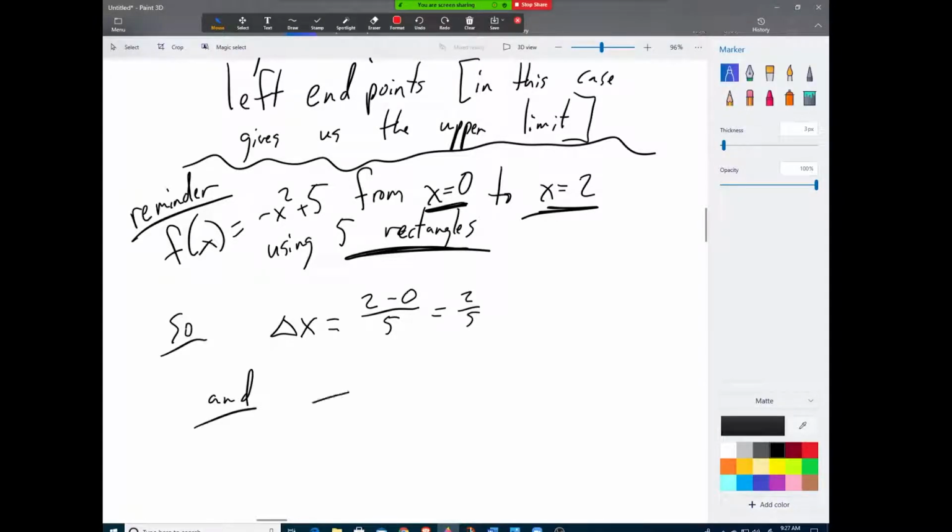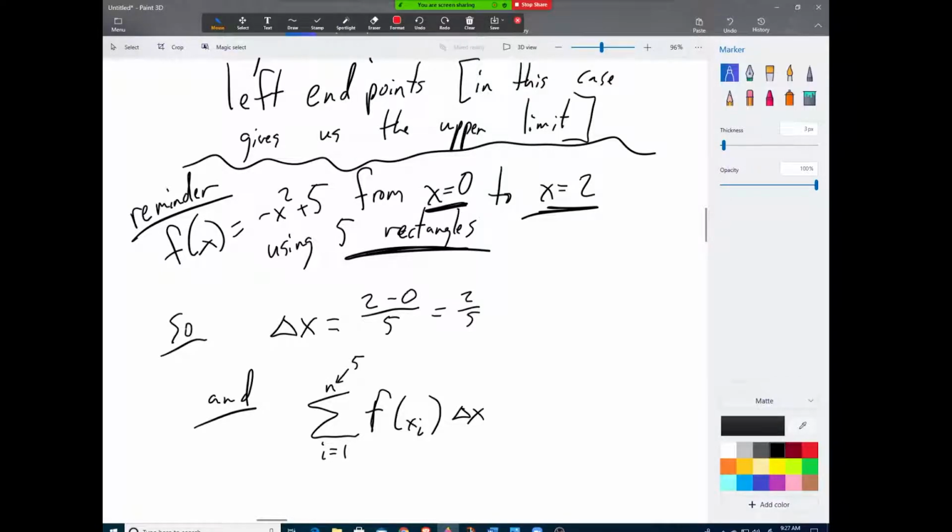And we're going to plug it still into the function f of xi delta x from i equals 1 until n, where here our n is going to be 5.